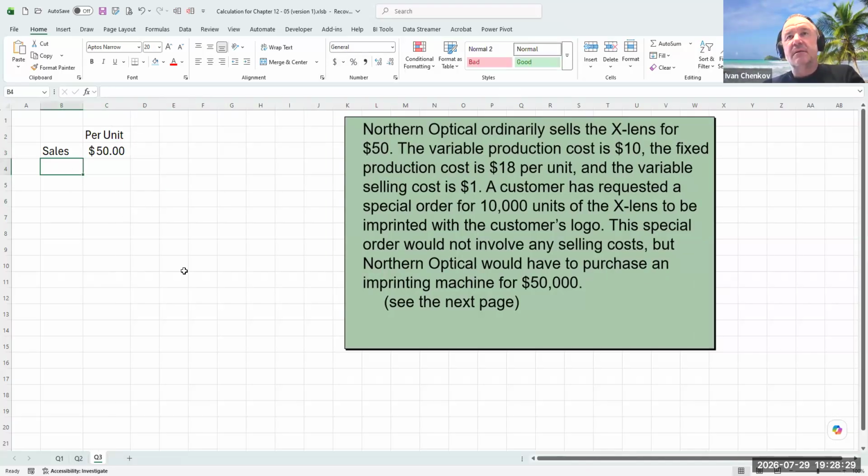We know that they have a variable cost of $10. What else do they have? Variable selling cost for selling. It's another $1.